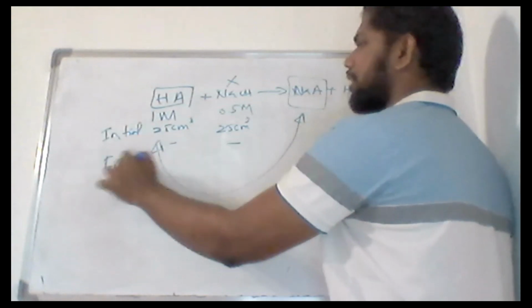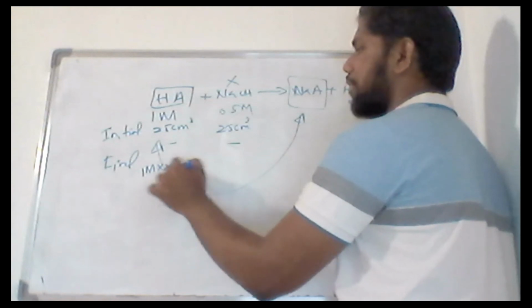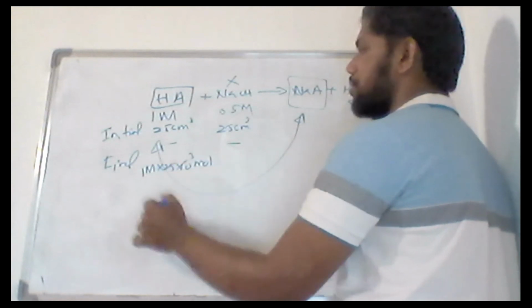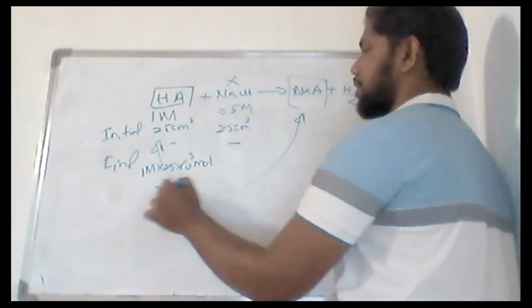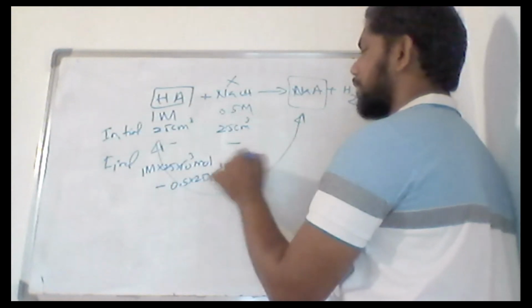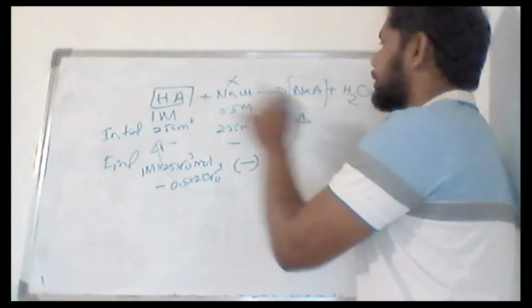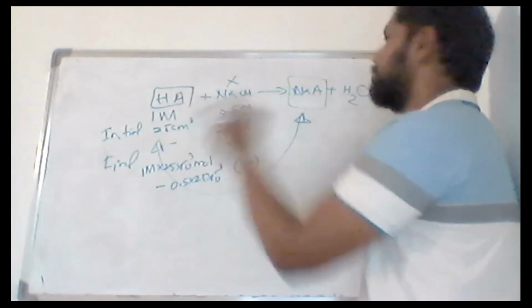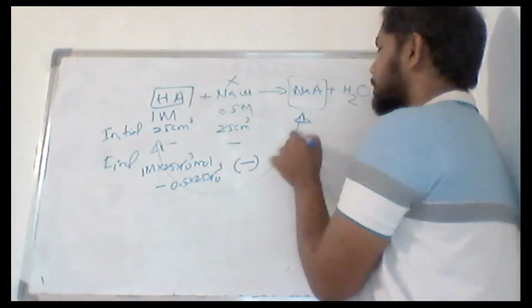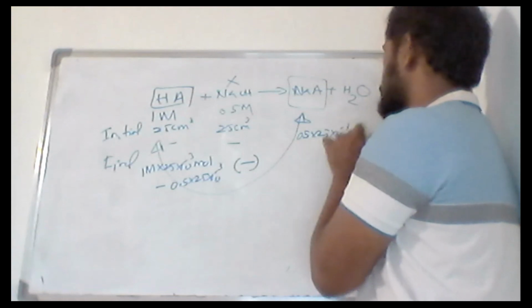And in the final case, you will have 1 m 25 into 10 to the power minus 3 moles minus 0.5 25 into 10 to the power minus 3. There will be no NaOH remaining, and the same amount of NaOH that is consumed is going to form here. So this will be 0.5 25 10 to the power minus 3 moles.